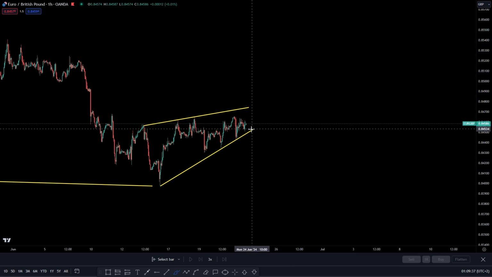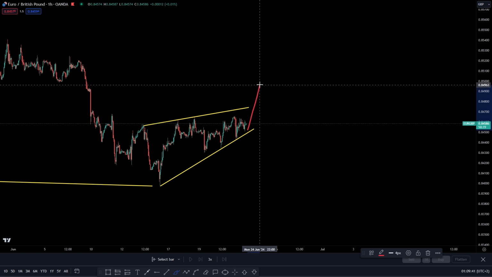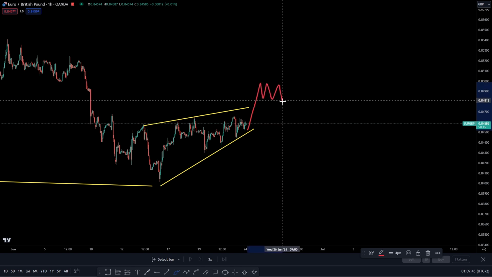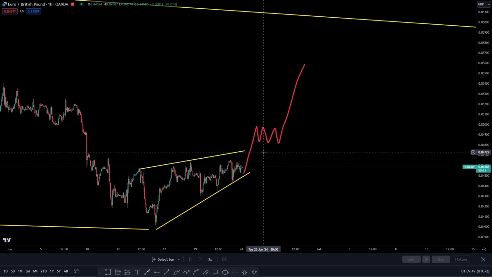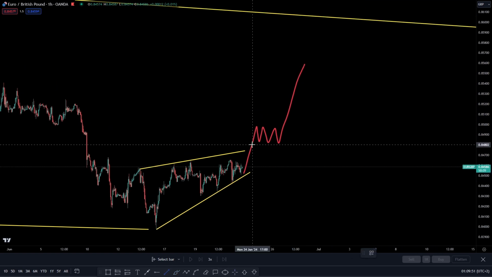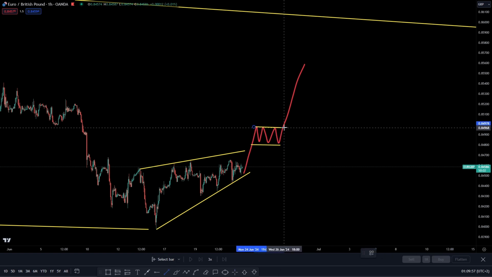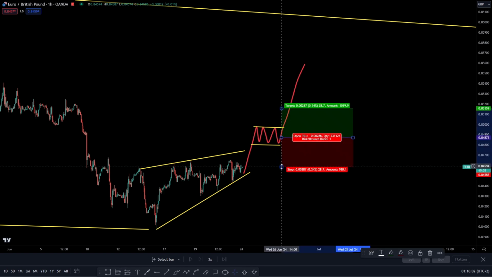So for me, it is better if I wait for the market to push up, give me that nice correction, and then I'm going to move up with it, like so.